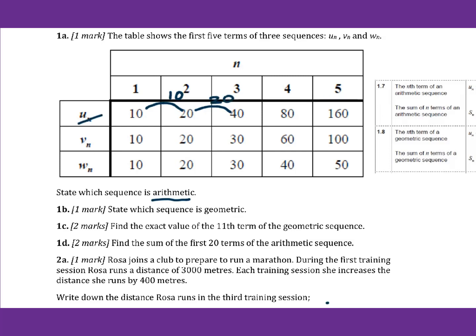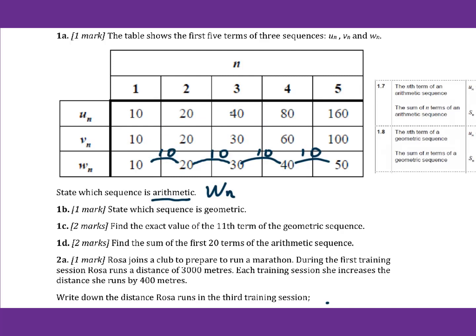It's not an arithmetic sequence for this one. Here is a 30. It's not an arithmetic sequence. 10, 10, 10, 10. That's why w sub n is an arithmetic sequence.